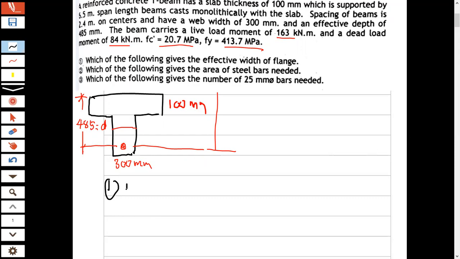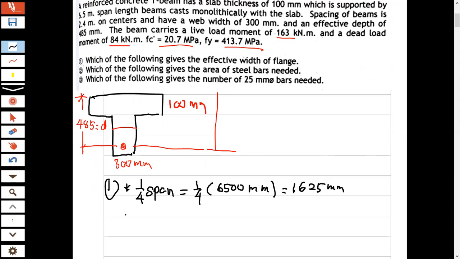First condition, you have one fourth of span. What is the span? Span is 6.5 or 6,500 millimeters. So that is 1625 millimeters.